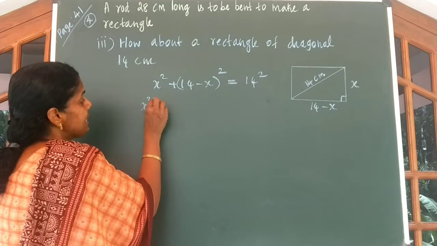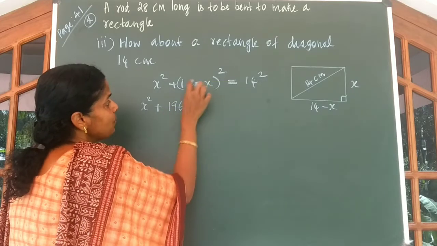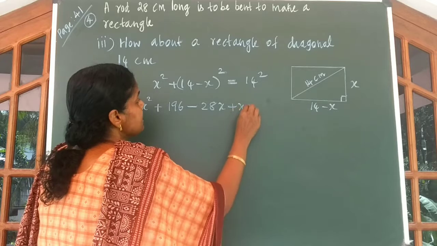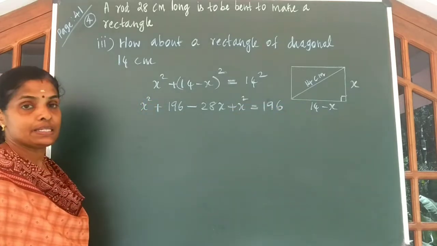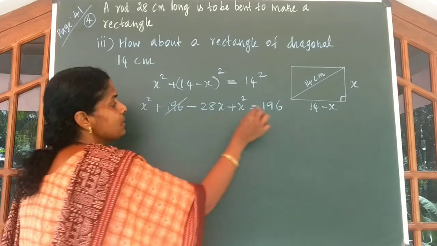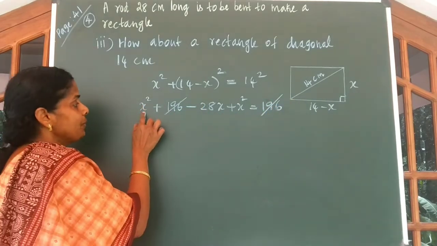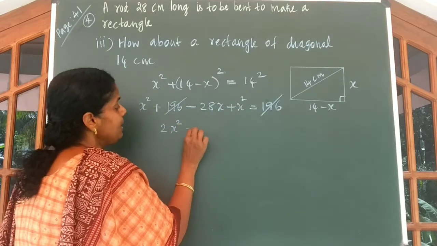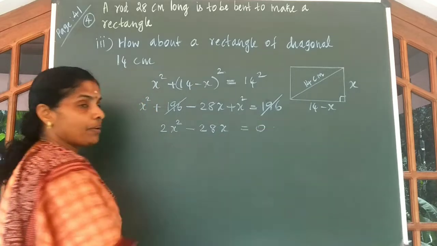So you get x square plus 196 minus 2 into 14 into x, 28x, plus x square is equal to 196. Now we have 196 on both sides. So let us cancel these two terms. So you get x square plus x square, 2x square minus 28x is equal to 0.